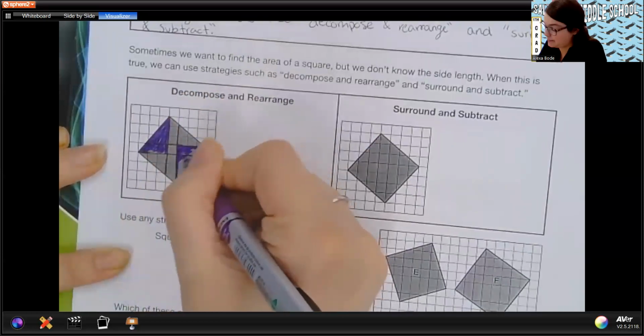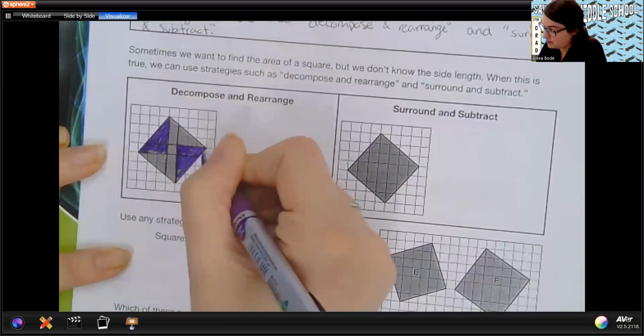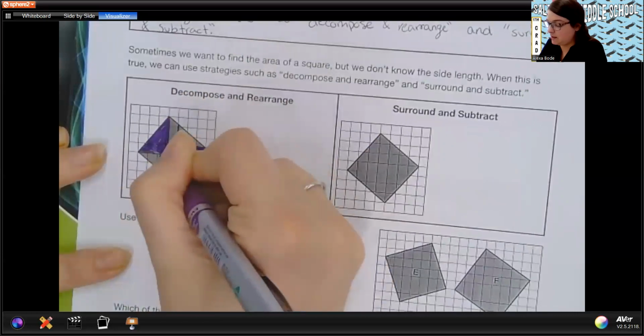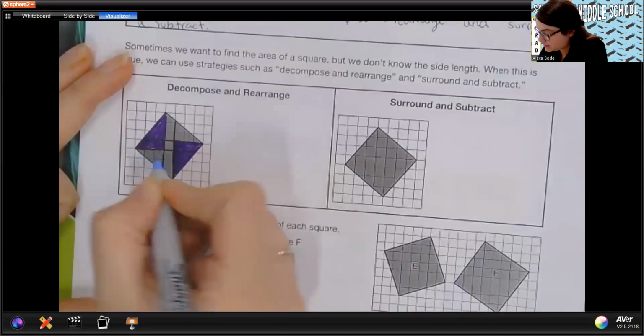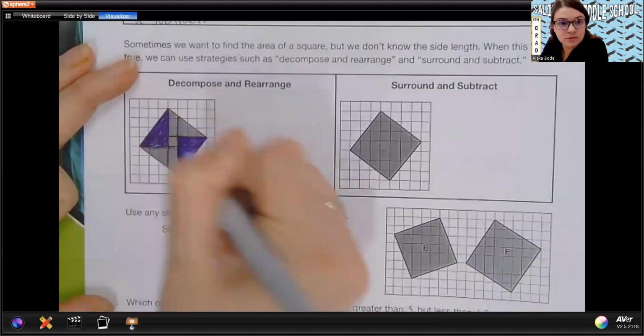I probably didn't draw this the best way for you, but that's okay because you'll still get the visualization of it. So there's those 2 triangles I did in purple. And then let me do another one in blue.